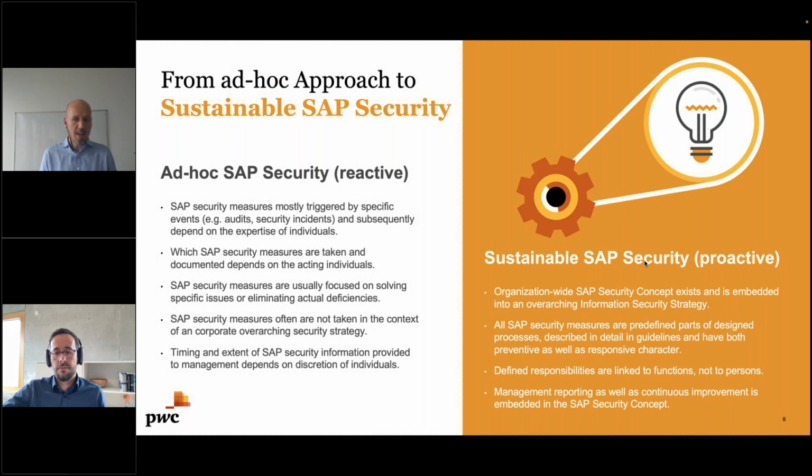And the last point for sustainable security means that there is not only an ad hoc reporting or an ad hoc audit answer for how well are we prepared for security, but it's more a standardized reporting and a standardized preparation to prove compliance and to prove the level of security, not only to auditors, but also to business departments and to the organization's management.